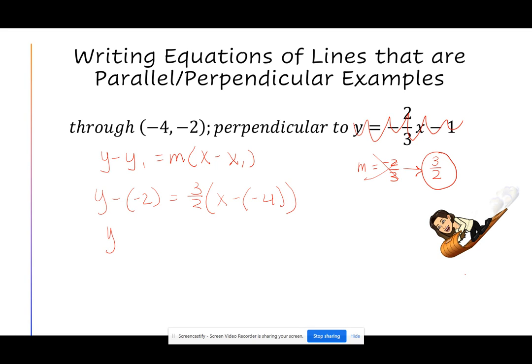These become pluses. Y plus 2 equals 3 over 2 times x plus 4. Distribute in this 3 over 2. So we have y plus 2 equals 3 over 2x plus 12 divided by 2 is 6. And then I'm going to subtract my 2 over. So y is 3 over 2x plus 4.